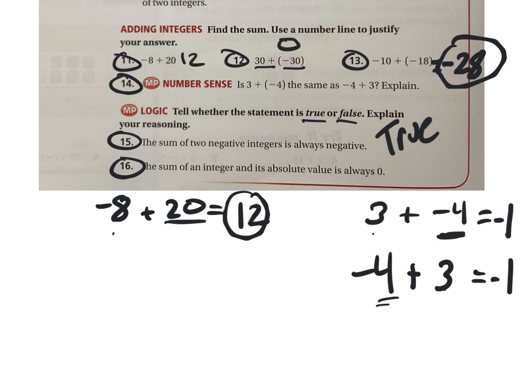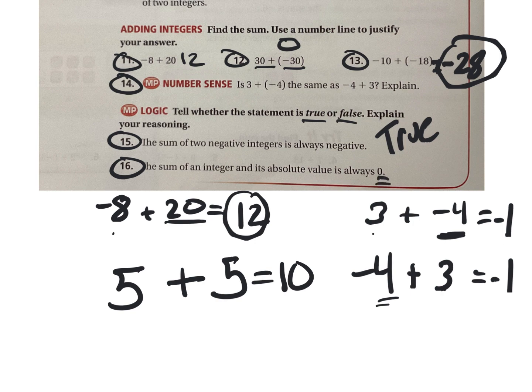The sum of an integer and its absolute value is always 0. That I don't think is going to be true. Let's try that. The sum of an integer, let's say the integer is 5, and we're going to add its absolute value. What's the absolute value of 5? 5. 5 plus 5 is 10.